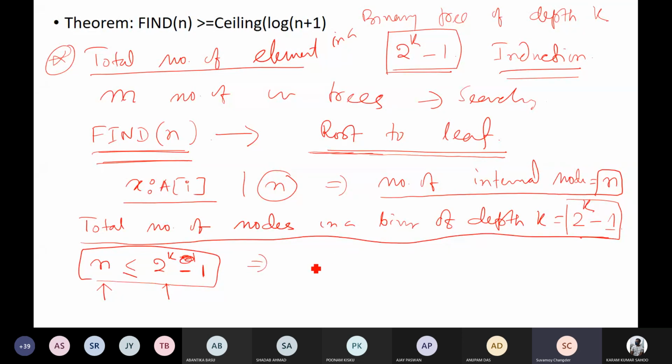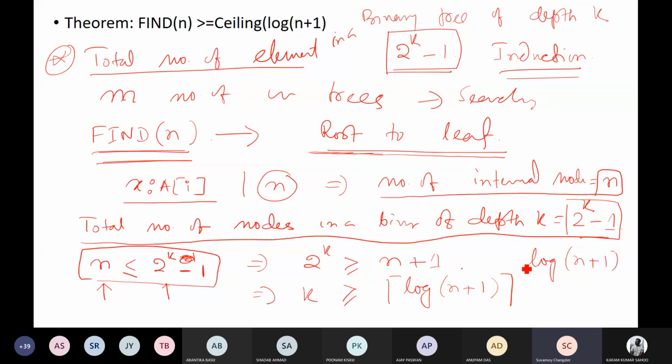That implies 2 to the power k is greater than or equal to n plus 1, right? And that implies k is greater than or equal to the ceiling of log of n plus 1. So therefore, the depth or height of the tree is the ceiling of log of n plus 1. In general, I can say log of n plus 1.